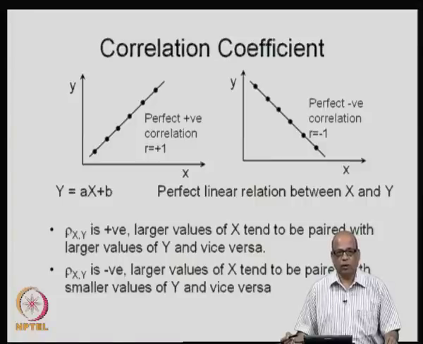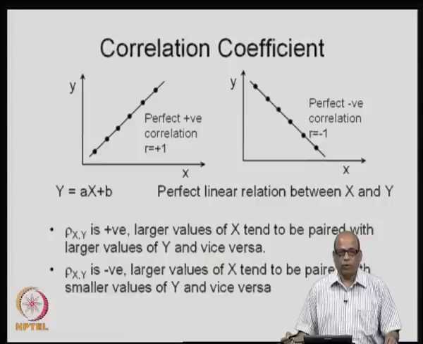That is, if rho x y is positive, the higher the value of x, the higher will be the value of y. If rho x y is negative, the higher the value of x, the lower will be the value of y, and therefore, the larger values of x tend to be paired with smaller values of y and vice versa.